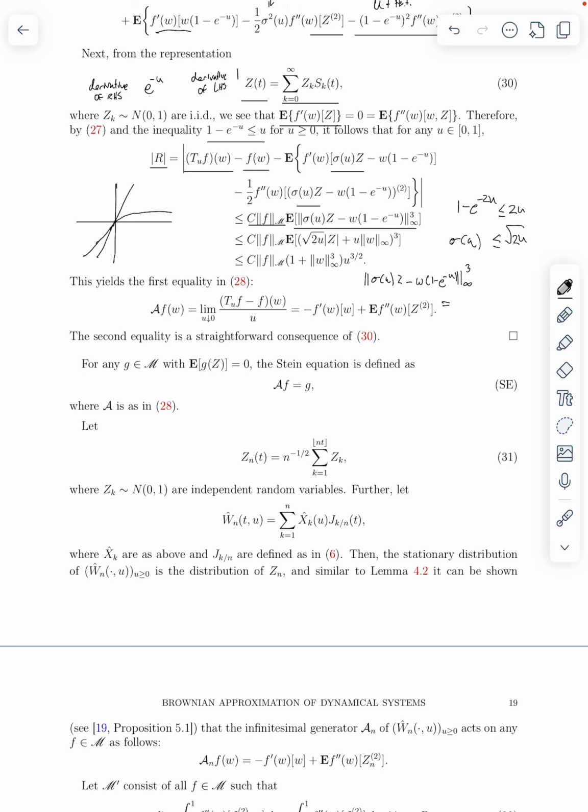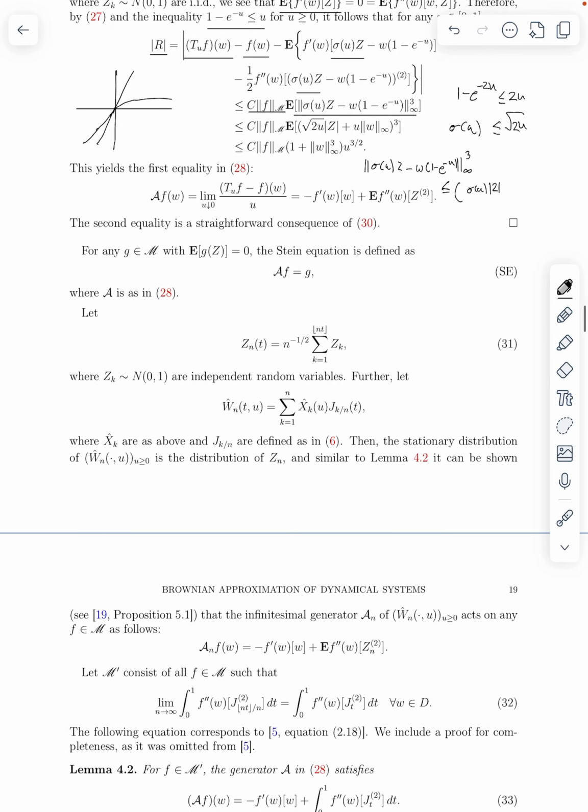And so this is less than or equal to sigma of u times the infinity norm of z, which is, again, just a random variable described at some time. Right, because again, z is just some random variable plus u, and w is going to be the infinity norm. And we're going to cube it.